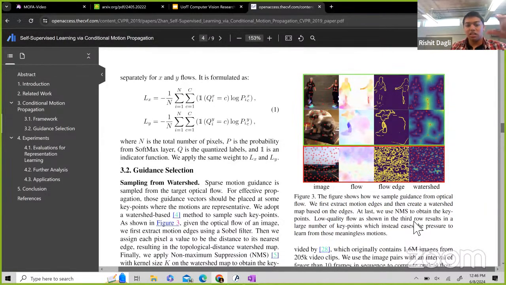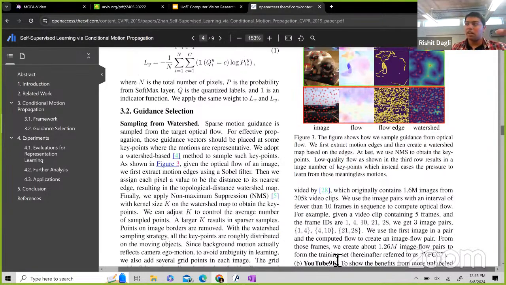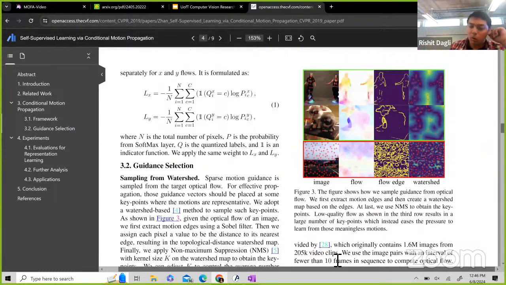So this is how they sample guidance from the optical flow, and get all of these dense guidance vectors. But there is also another problem, which is something that Aryaman talked about briefly. I think this is still a big problem with this paper, but they only partially solve it, like MOFA-Video as well, which is that there is always ego motion, and that isn't captured very well in optical flow.